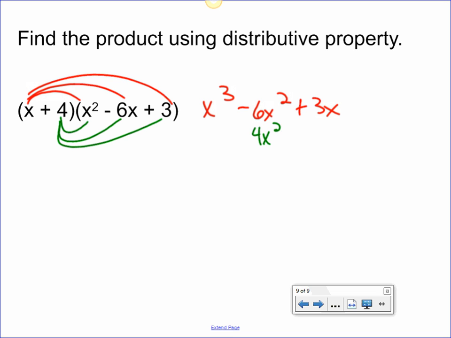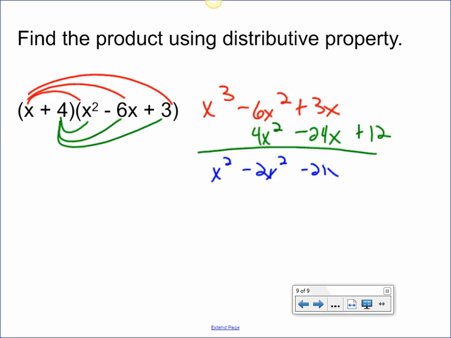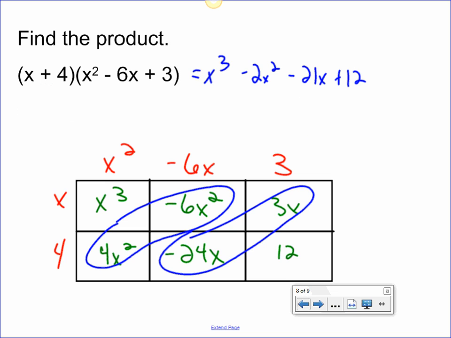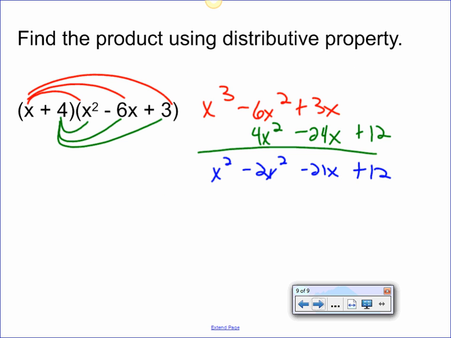So I'd have a 4x squared, a negative 24x, and a positive 12. And then I'd combine these, and I'd get an x to the third minus 2x squared minus 21x plus 12. So hopefully we get the same answer, and yes, we did. So that was multiplying a binomial by a binomial or a binomial by a trinomial. Okay, that is a wrap.